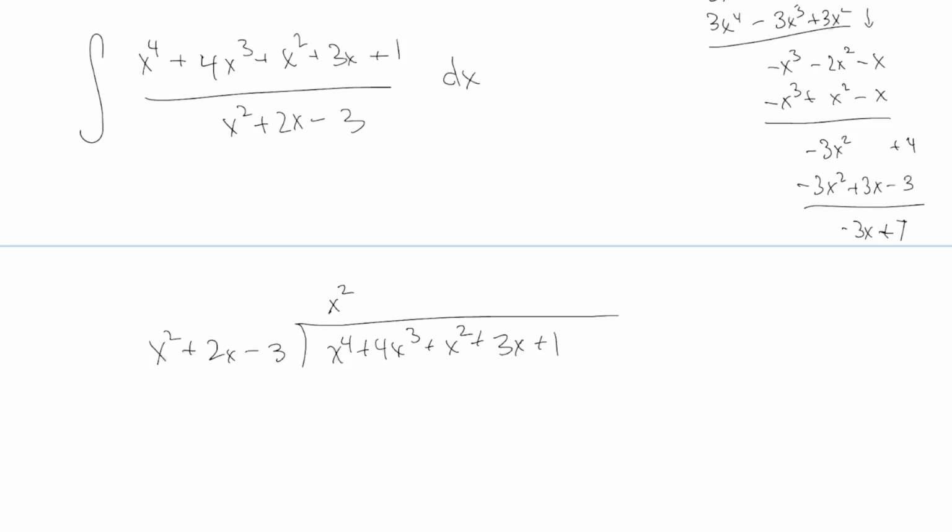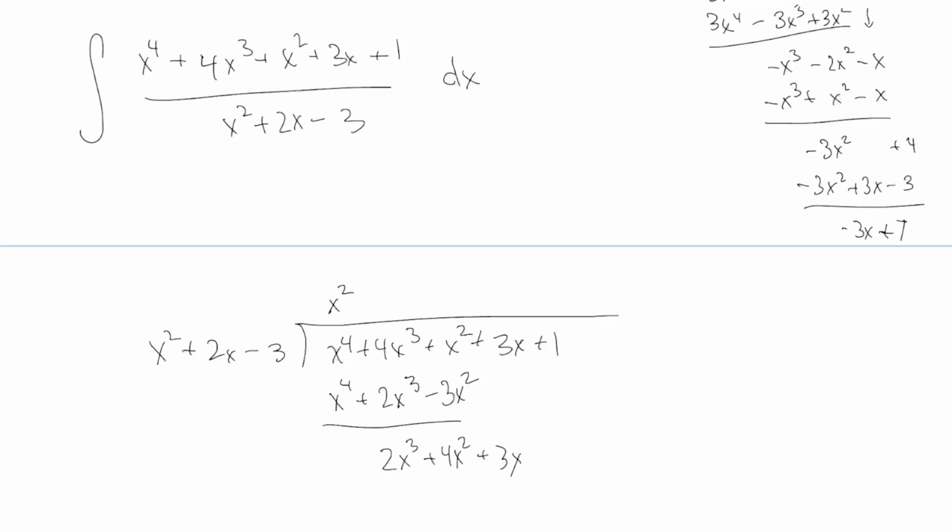So now I multiply by x squared and get x to the 4 plus 2x cubed minus 3x squared. We subtract; the x to the 4 is the first term there, that's the whole point. I get 2x cubed, and x squared minus 3x squared is plus 4x squared. Then I drop down the next term, which is 3x.